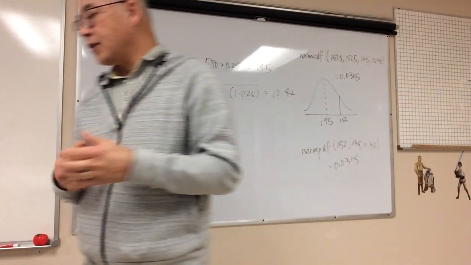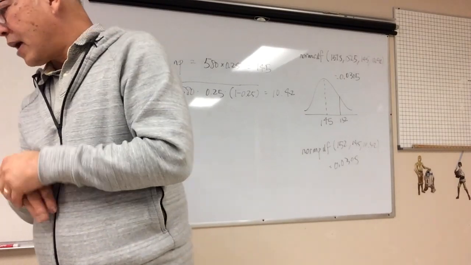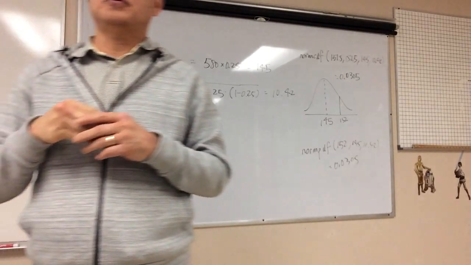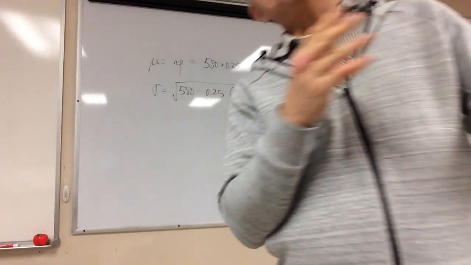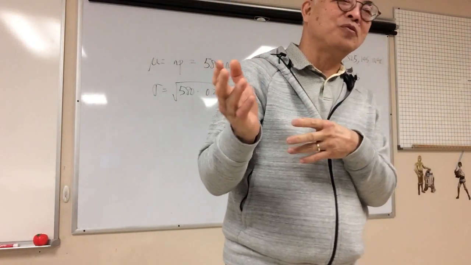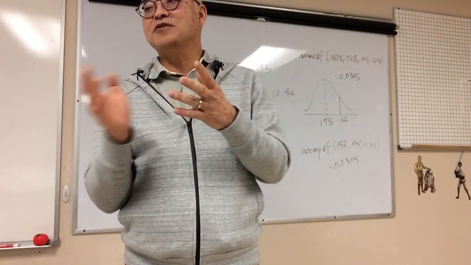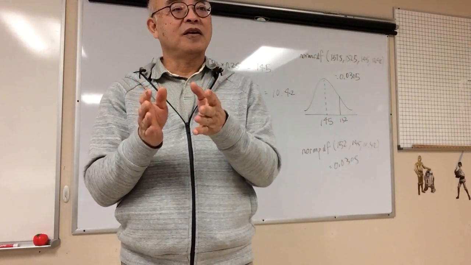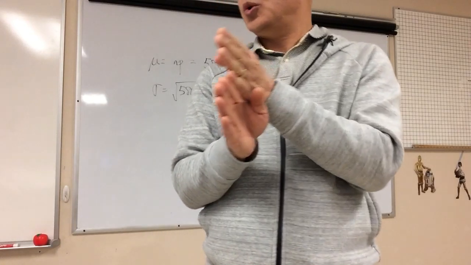If you understand all this, you're good to go. Continuity correction is always going to be your boogaboo. You're going to forget about it, or use 152.5 instead of 151.5. So be careful, because you want to make sure that you include that.